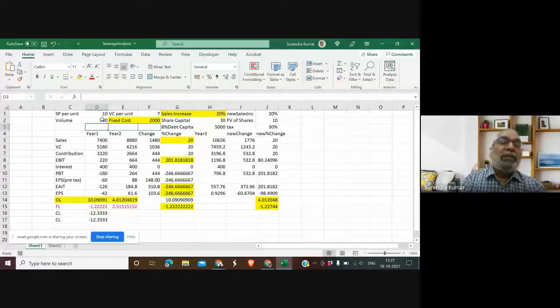And I change it to, by both the methods, right? By both the methods, it is changing that. Whether I use first method or I use second method, I should get the same calculation. Don't look at other columns. Right now I'm saying you to look at year 1 column and year 2 column along with percentage change.